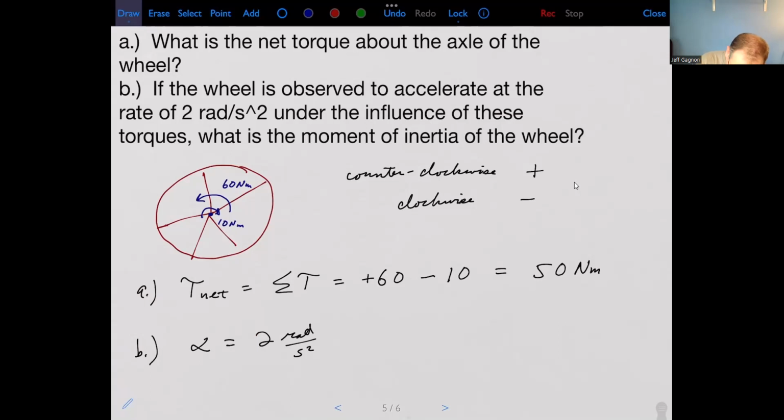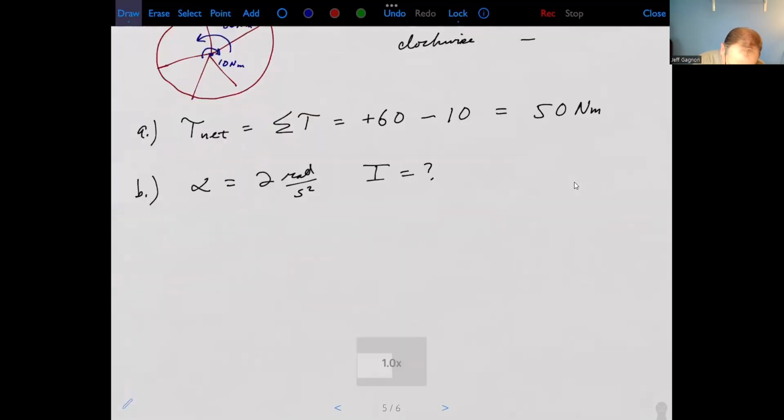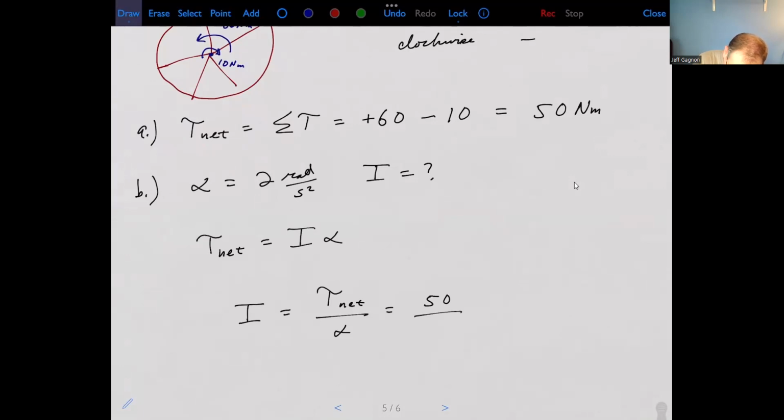So we're looking for I. Again, we're just going to use Newton's second law for rotations, because we know the net torque and that's got to equal I times alpha. So if I solve this for I, divide both sides by alpha, it's going to be the net torque divided by alpha. So if I work this out, this will be 50 divided by 2.